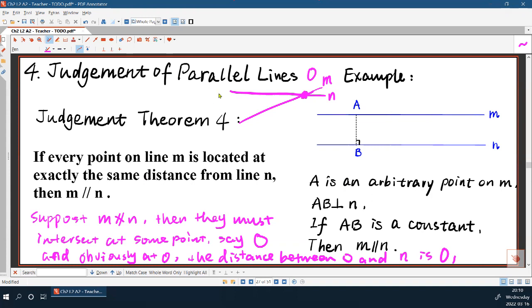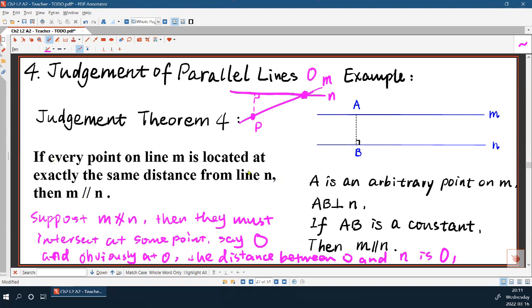And if we choose another point P on line M that is not O, apparently the distance between this point P and N is not 0, right? And this contradicts the fact that every point on line M is located at exactly the same distance from line N, right?